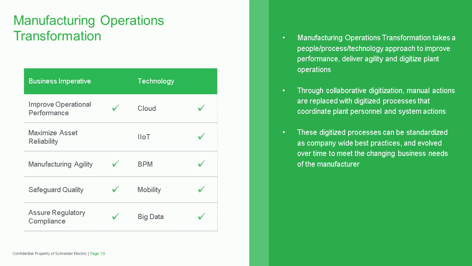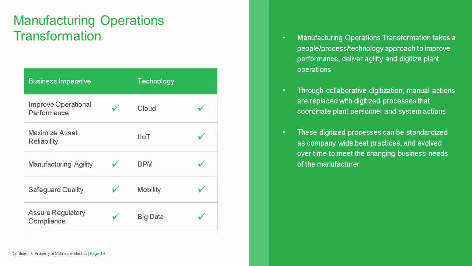Another technology-enabled value proposition is what we call operations transformation, and this is essentially a growth out of the long-standing trend to move towards manufacturing operations management software. As we digitalize things, there are a number of new technologies that can add significant value to that.